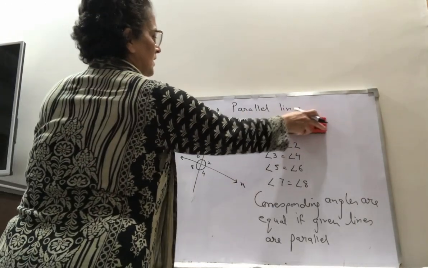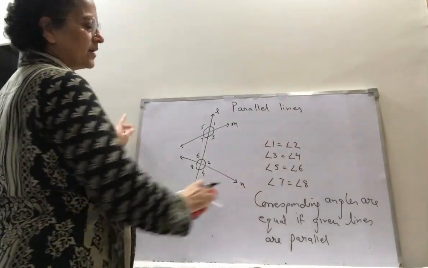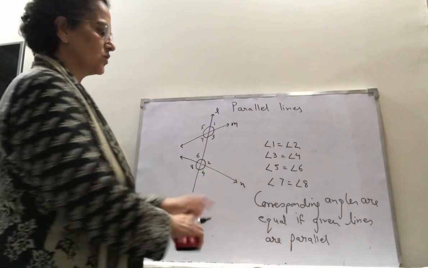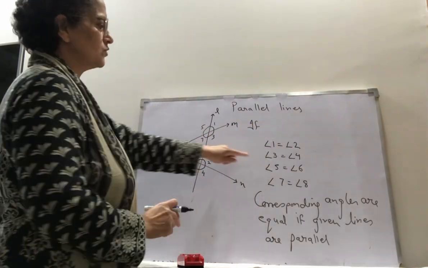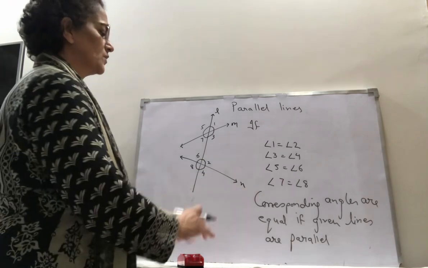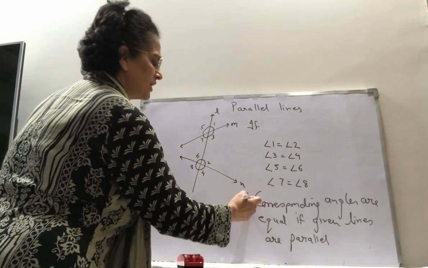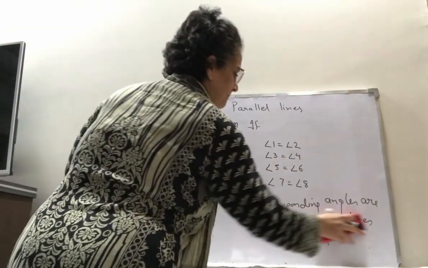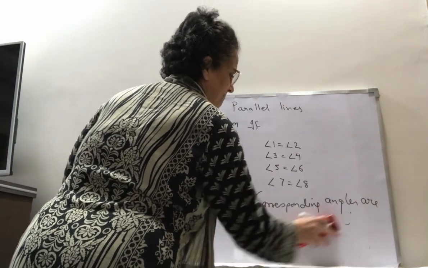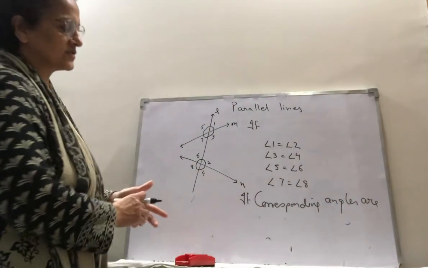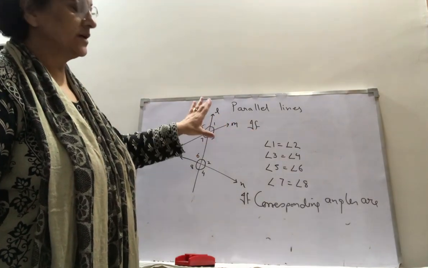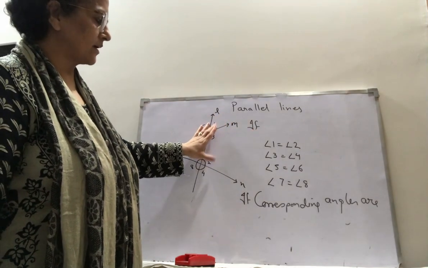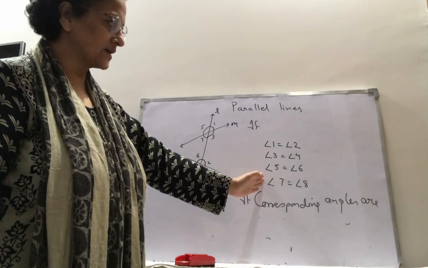and it also works the other way, if they are given to be equal. So if 1 is equal to 2, this is given, so if corresponding angles are equal, now the condition has changed. Earlier the condition was lines given to be parallel. If lines are parallel, corresponding angles are equal.